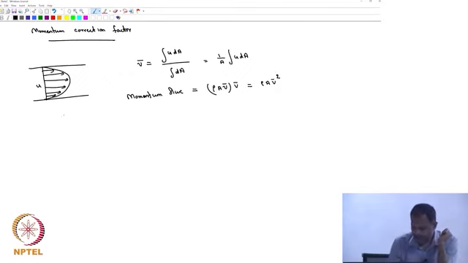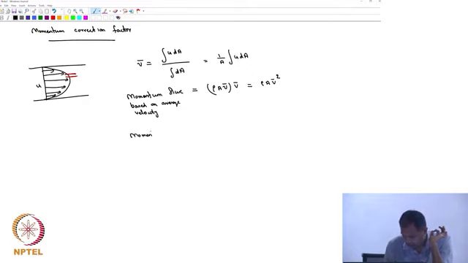However, if you take a small section here and try to write this as an integral, so this is the momentum flux based on average velocity, but if I do the momentum flux as an integral, I'll say it's rho times dA times some velocity.